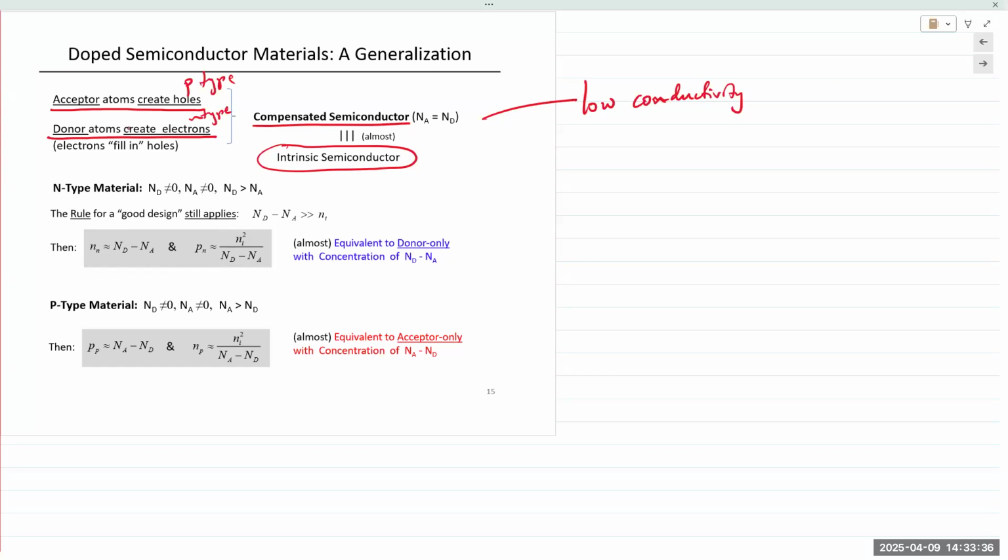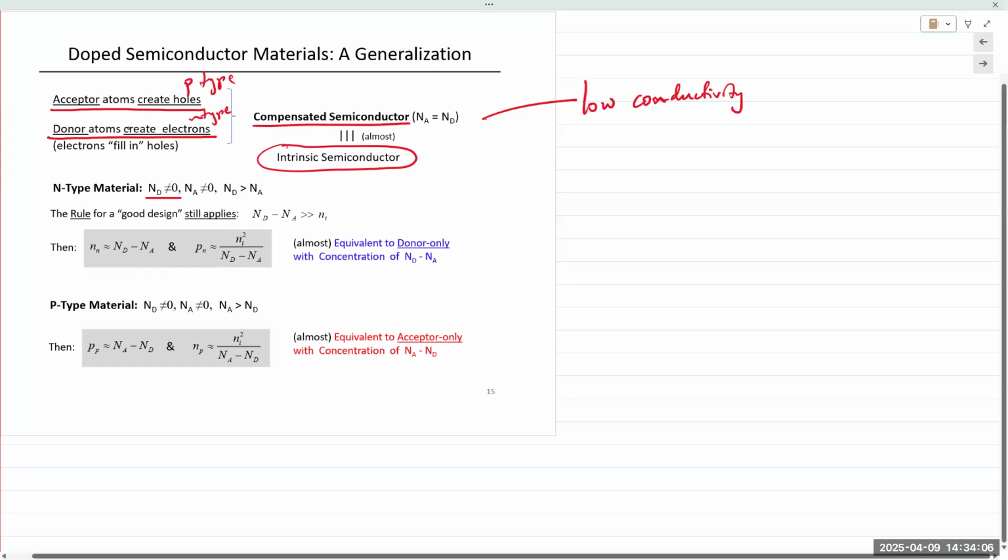So N-type material and P-type material. Let's tackle N-type first. For N-type, we stated that we introduce donor atoms. So Nd, the number of donor atoms, is not equal to 0. At the same time, if it's a 100% pure semiconductor device, there would not be any acceptor atoms.